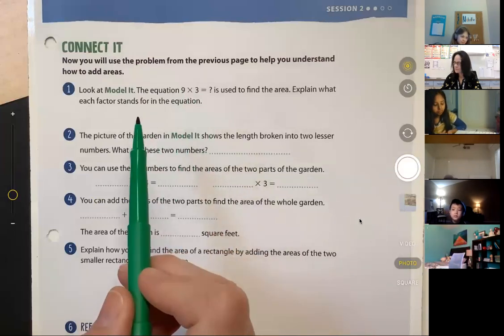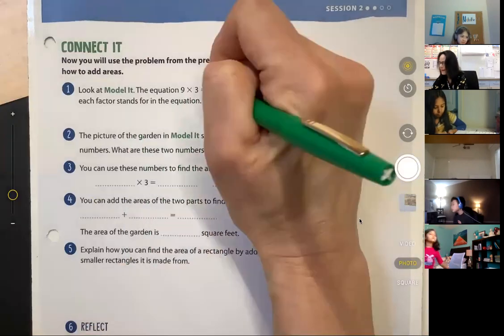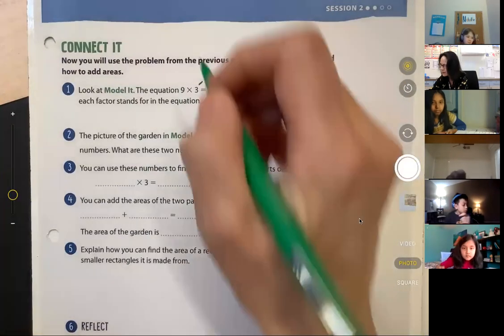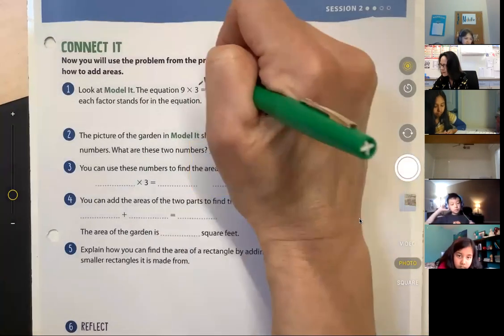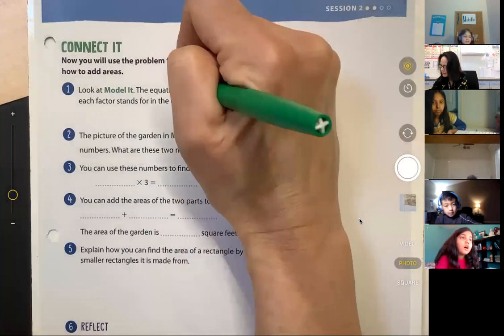All right. So you can see here, and of course I would write complete sentences, but out of the interest of time, I will just quickly identify it for you. So we could call that the width, and we can call that the length.